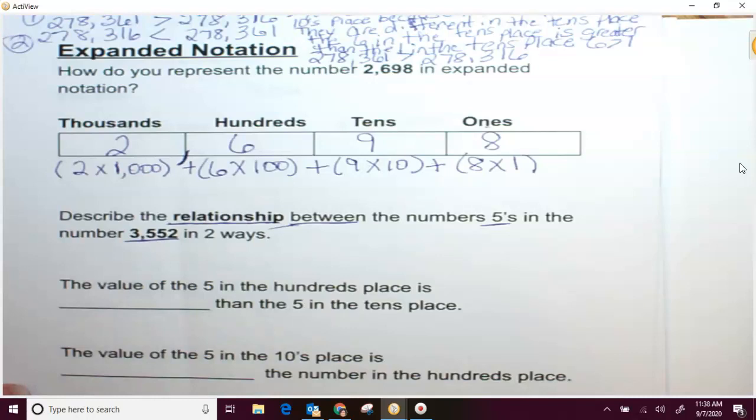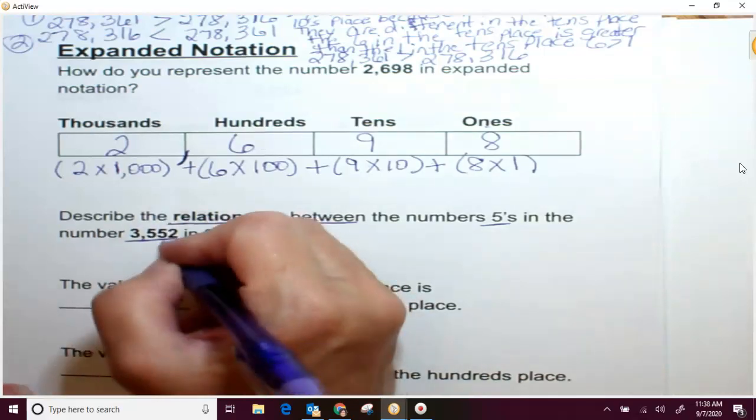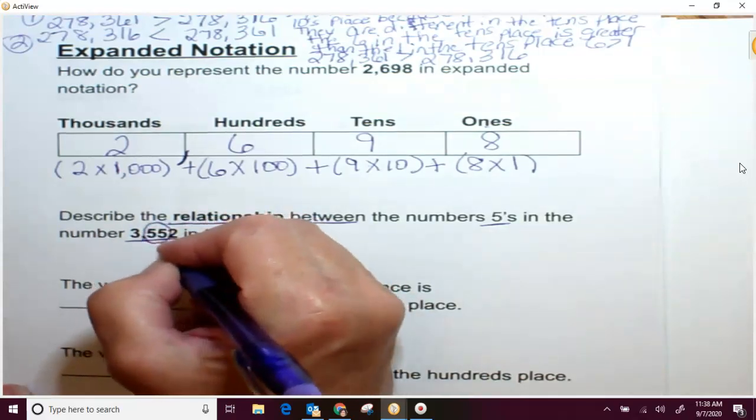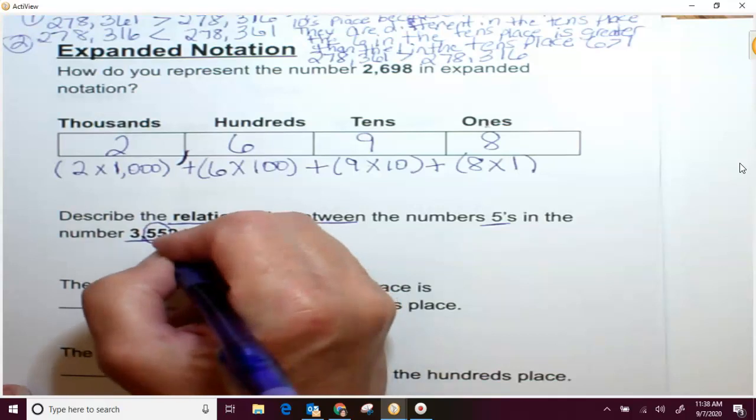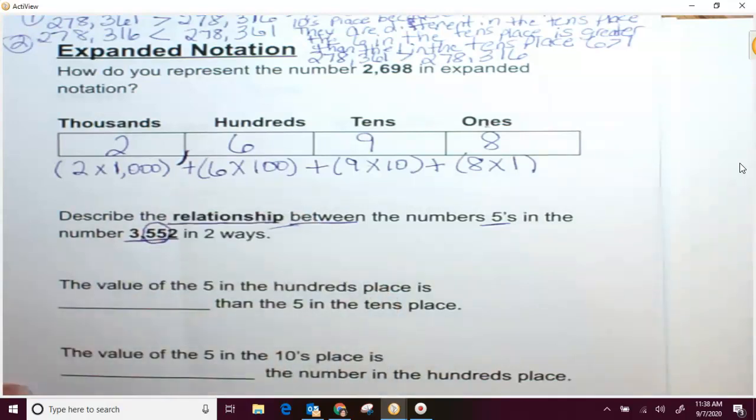The only way they're going to ask you this question is if you're comparing 2 numbers side by side that are the same. So they have to be sitting side by side and they have to be the same digit.